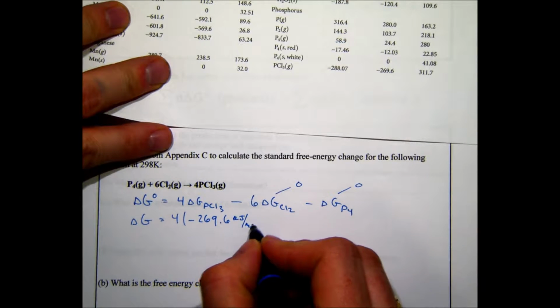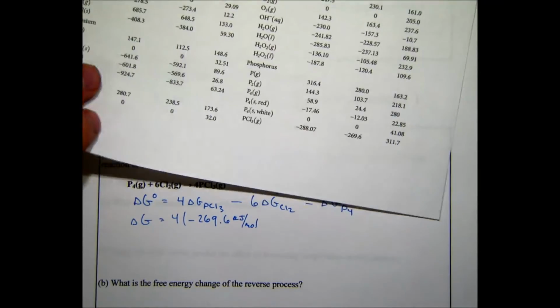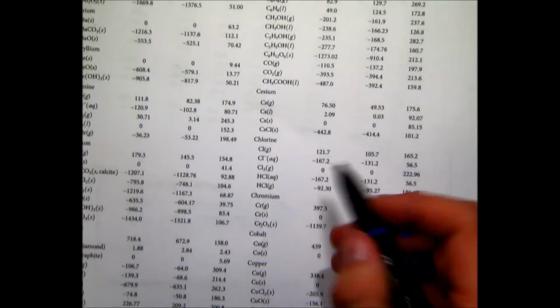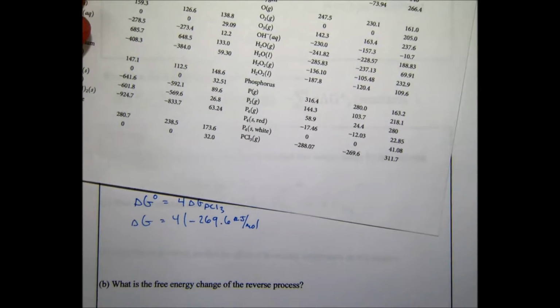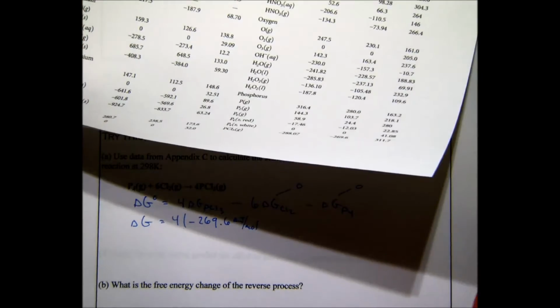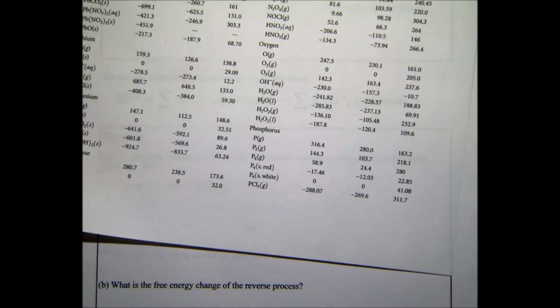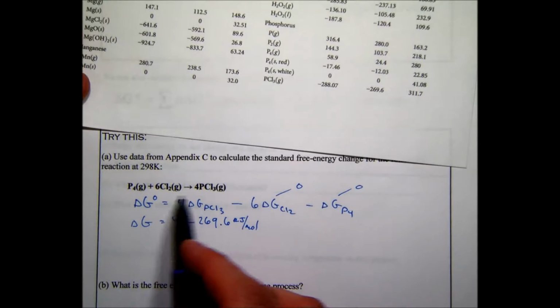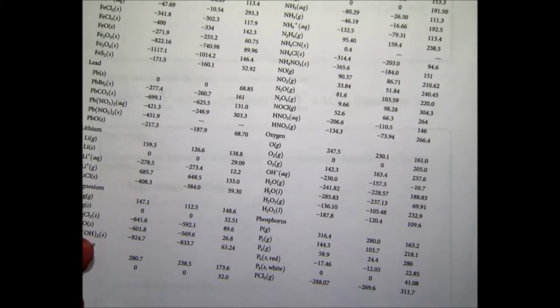And we will actually see that chlorine is 0, and we can check phosphorus for solid. Oh, it's not solid, it's gas. Phosphorus for gas, and it's 24.4.